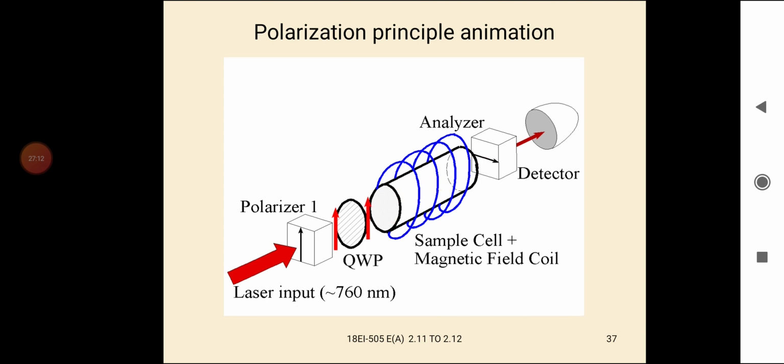The analyzer will identify the change in the vibrating angle due to the sample, which can be viewed through the eyepiece and is also given to the detector, which detects the change in angle.